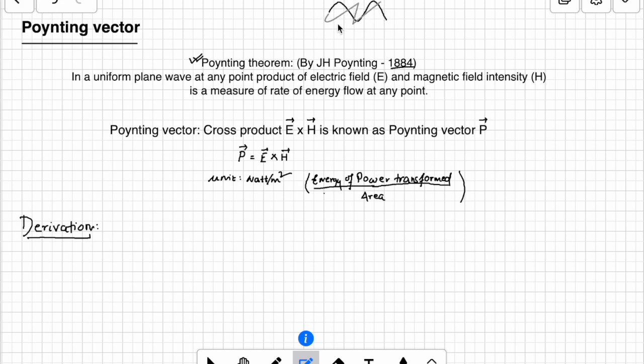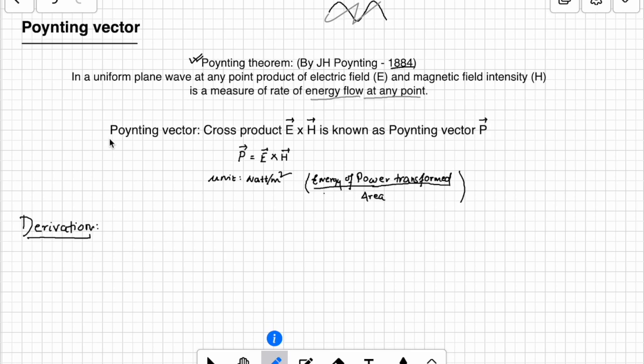If we measure at any particular point, we'll see that the electric field and magnetic field intensity is a measure of the rate of energy flow at any point. Whenever a wave travels, it is going to carry some energy with it, and the rate of the energy flow is given by this relation.